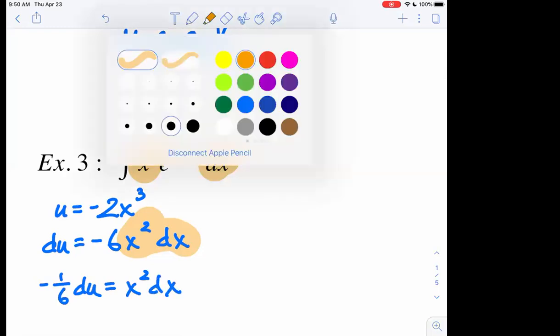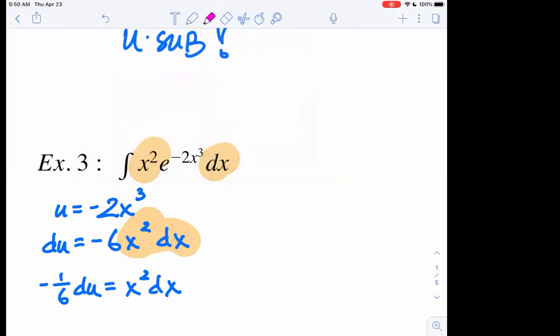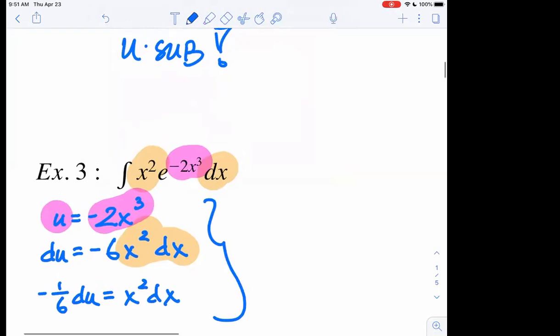And then everywhere that I see the negative 2x cubed, up in this exponent, I can put a u. Now, I'm going to go ahead and substitute. So I'm going to get the integral of e to the u times negative 1/6 du.